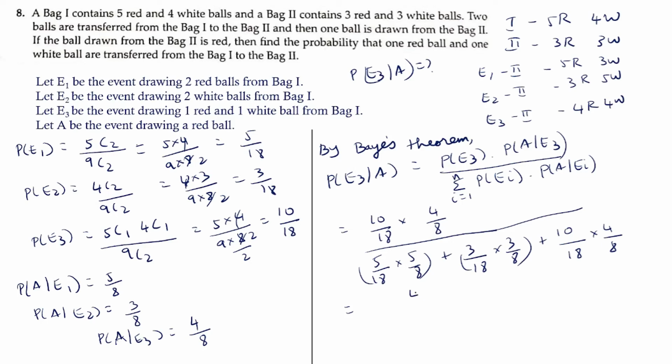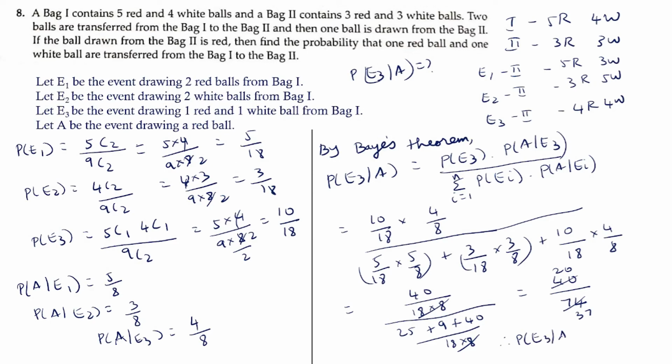So here the numerator is 40 upon 18 into 8, and the whole thing is divided by 25 plus 9 plus 40 upon 18 into 8. So these two will get cancelled. Here we have 40 upon 74, or it is 20 by 37. Therefore, probability of E3 given A is equal to 20 by 37.